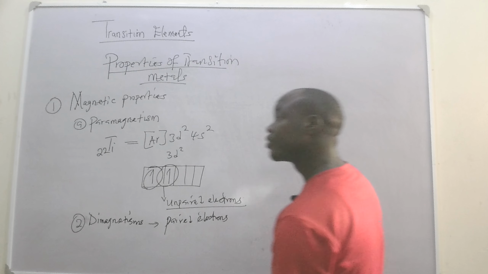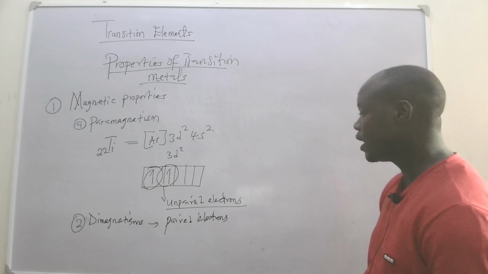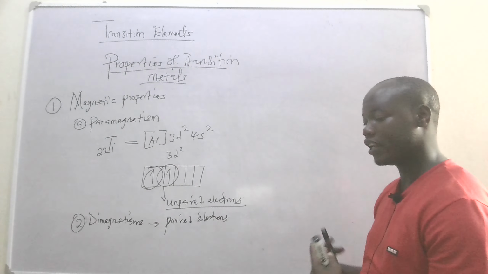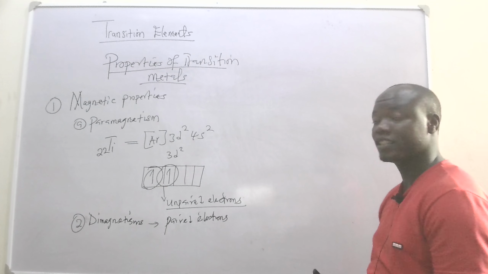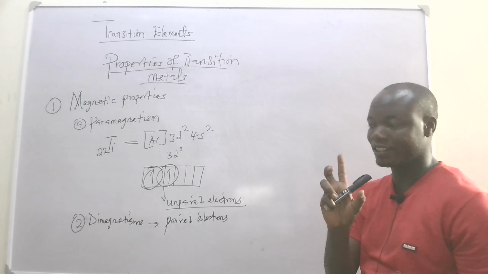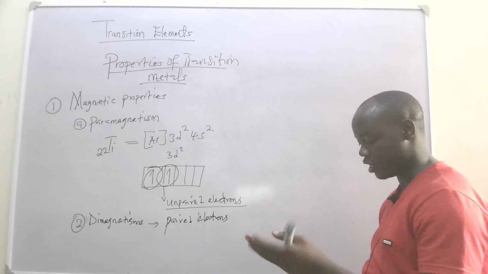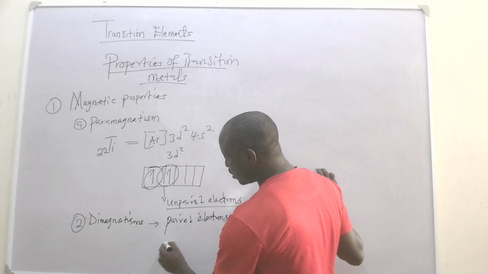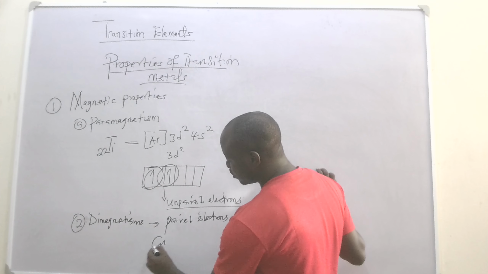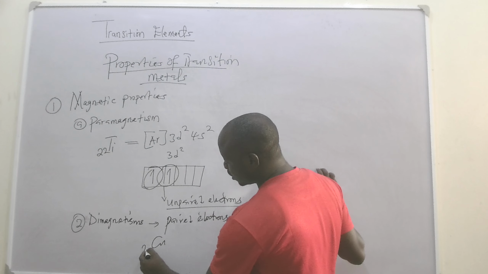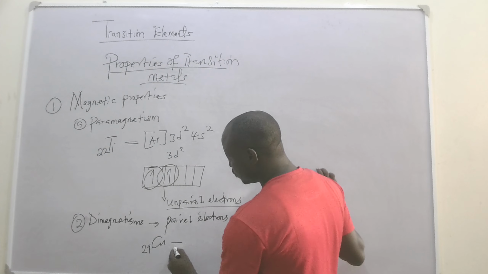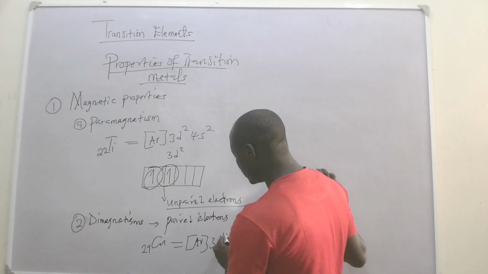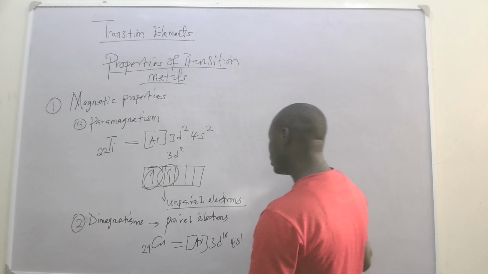For example, electrical wire cannot be attracted by a magnet because it is made up of copper. If you check copper, it has atomic number 29. So we have the argon configuration, and then 3d10 and 4s.